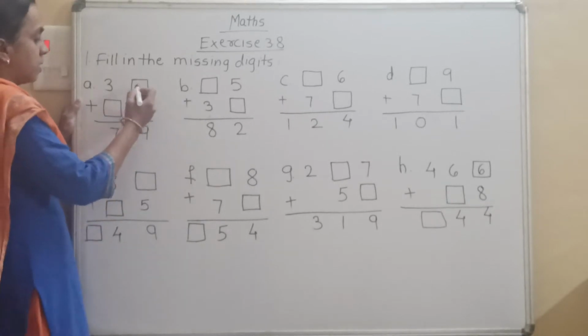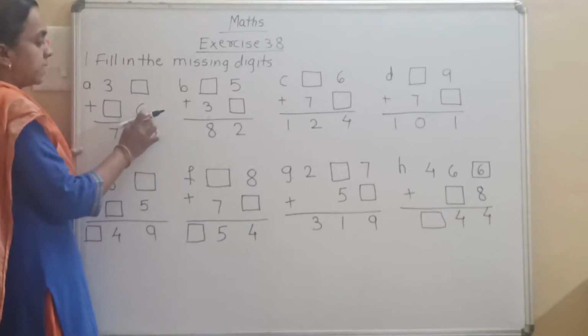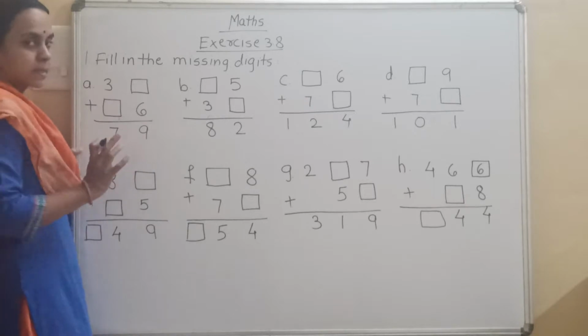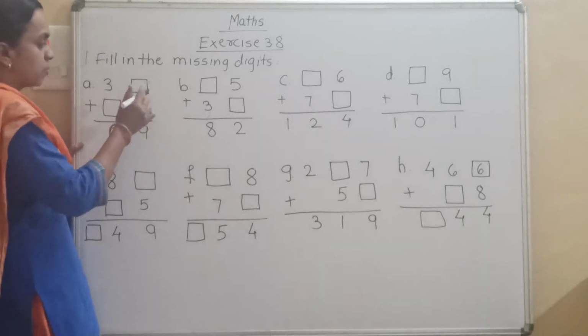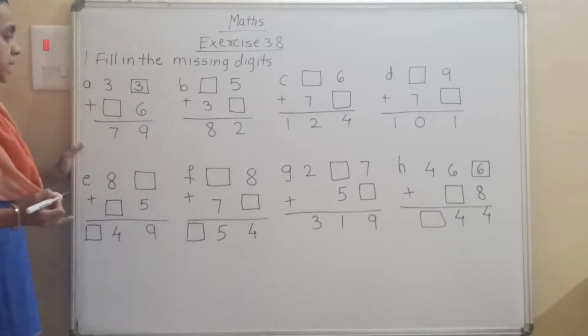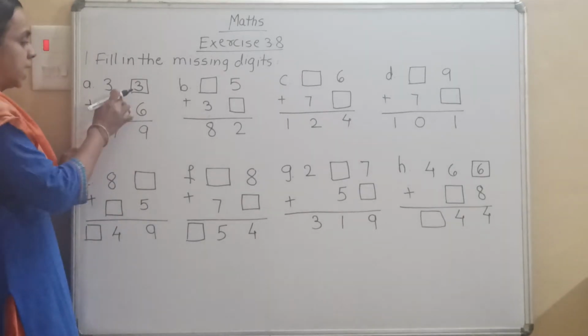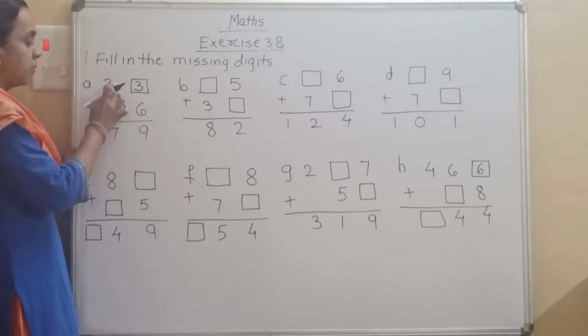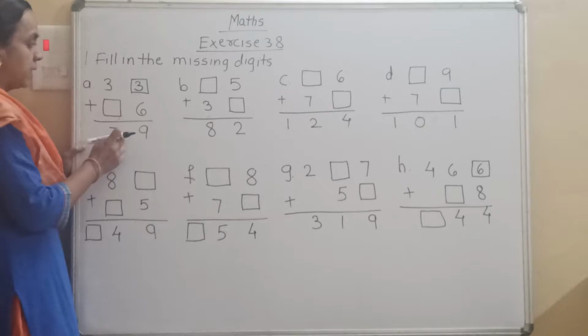So which number if we add to 6 we will get answer 9? 6 plus 3, how much? 9. So we have to write down here 3. Okay, and here, which number if we add to 3 we will get answer 7?